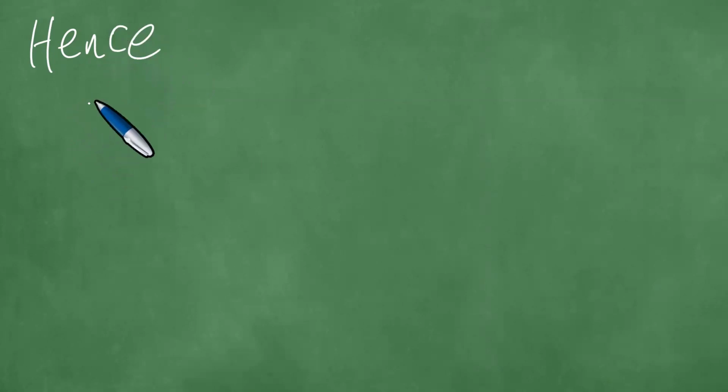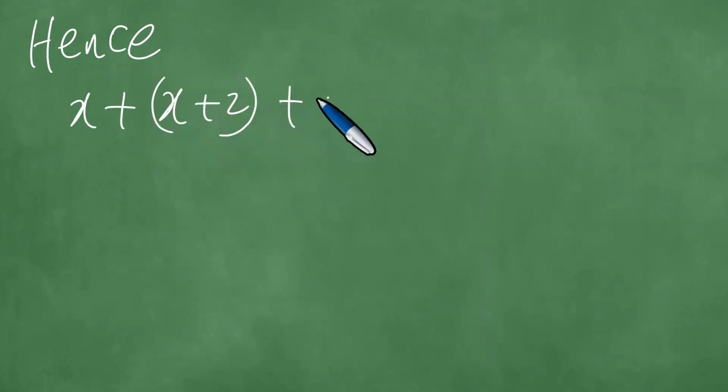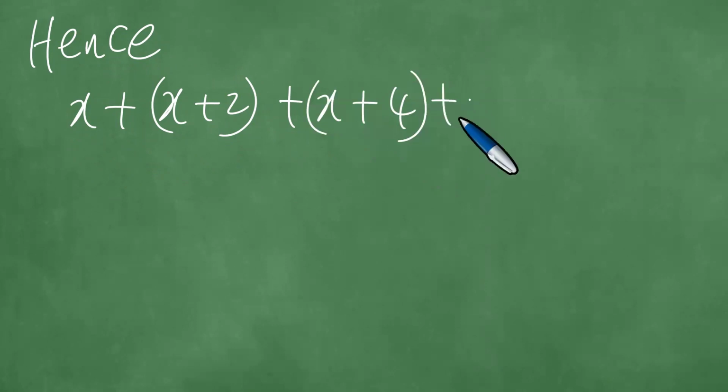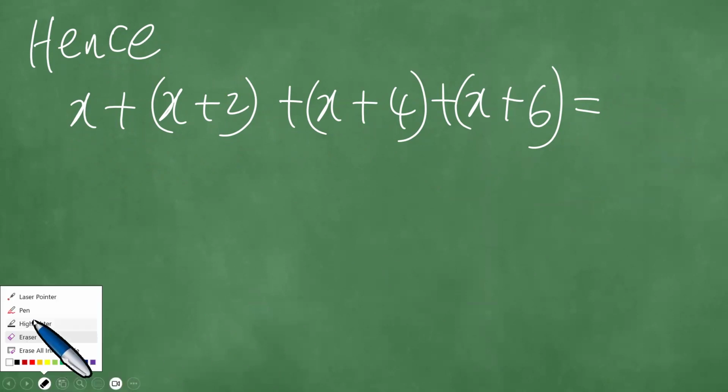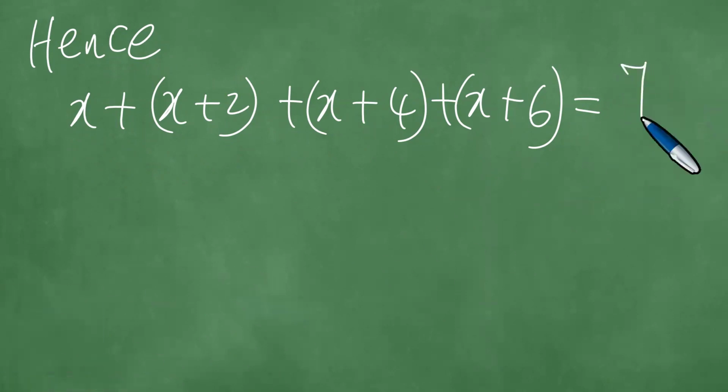Right, hence the sum is going to be x plus x plus 2 plus x plus 4 plus x plus 6 is equal to 72, like so.